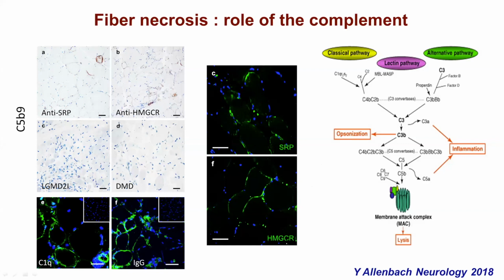So even if the target of these antibodies is at the cytoplasm level, we can observe deposits of anti-SRP or anti-HMGCR at the surface of the muscle fibers, activating the classical pathway of the complement, leading to the formation of the membrane attack complex that makes holes in the membrane of the muscle fibers, which presumably is the mechanism of death of these cells.